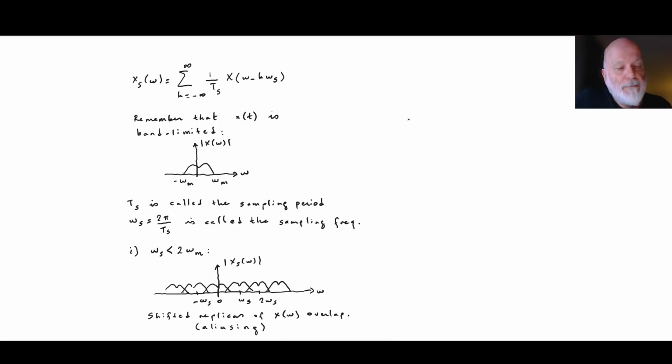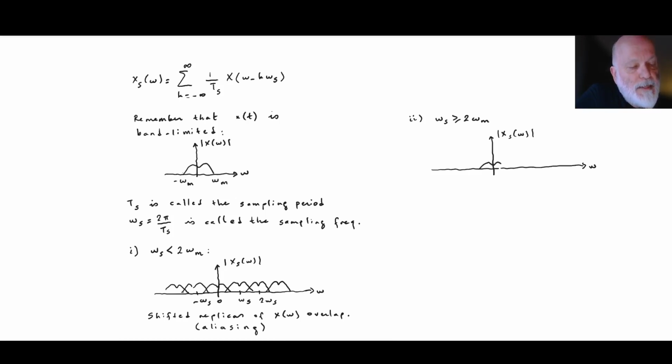Now on the other hand, if omega s is chosen to be greater than or equal to 2 omega m, again, let us denote an approximate graphical representation of Xs of omega. So this is omega, and again, we are only plotting the magnitude.